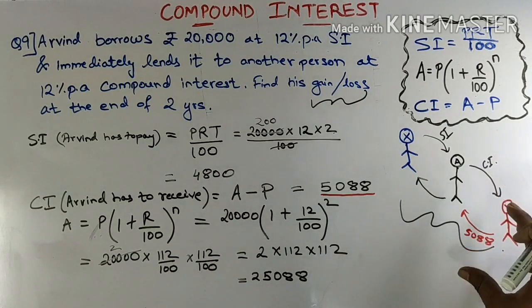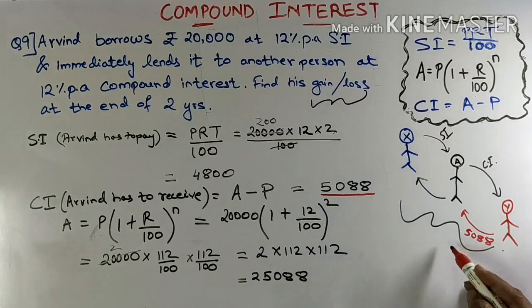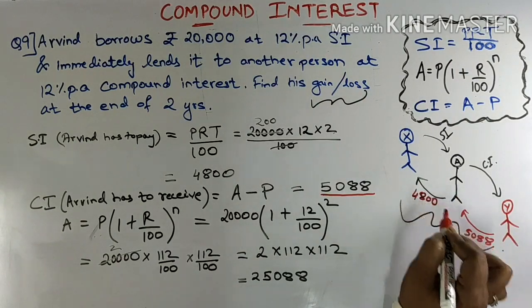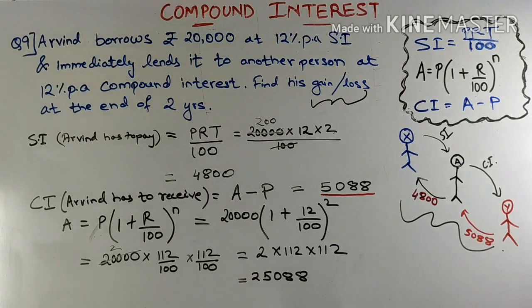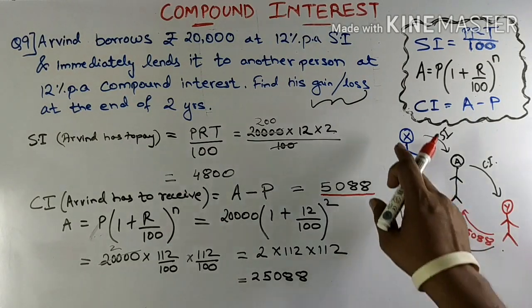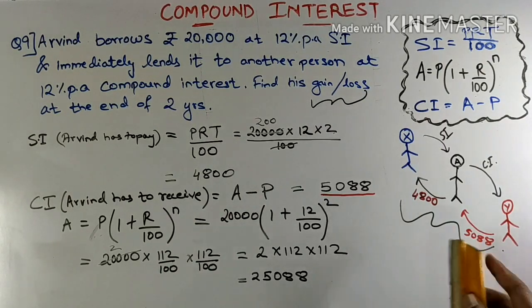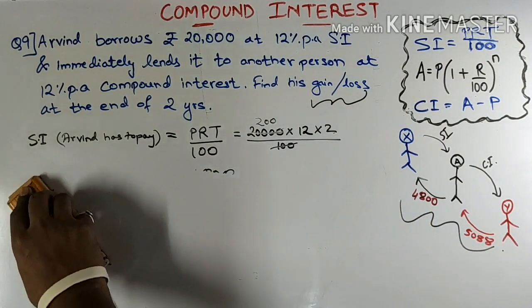This is not the total amount, this is only the compound interest which we are talking of. So he receives 5,088 from Y as compound interest, but he has to give only 4,800 as the simple interest to the person X. So it is obvious that it is a win-win situation for Arvind.